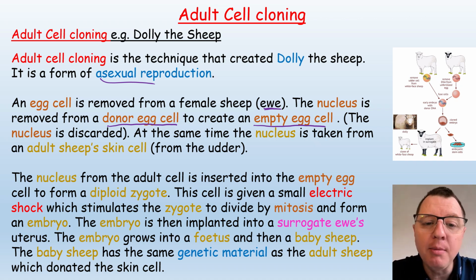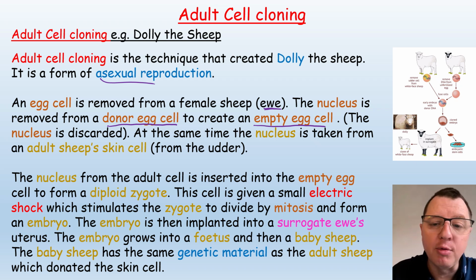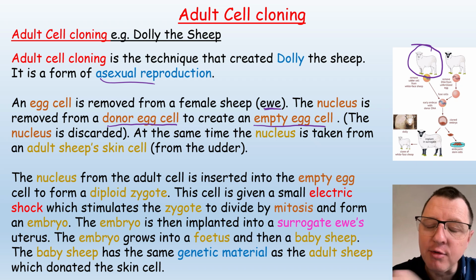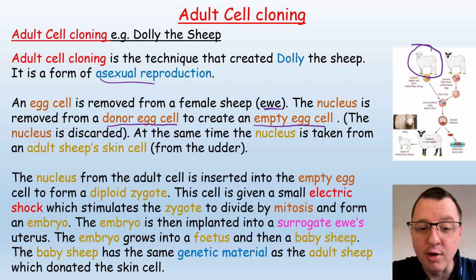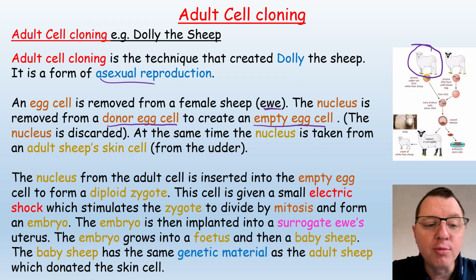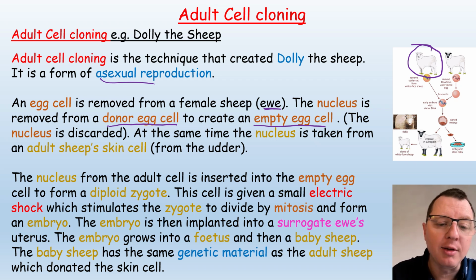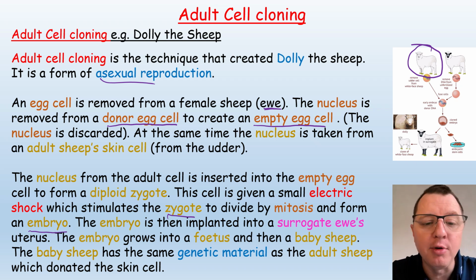But at the same time, a nucleus is taken from an adult sheep's skin cell from just under the udder, and that's taken from this sheep here with the white face. The nucleus from the adult cell is inserted into the empty egg cell to form a diploid zygote, and this cell is given a small electric shock which stimulates our zygote to divide by mitosis and to form our embryo.